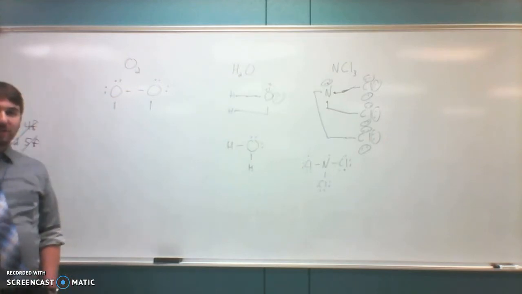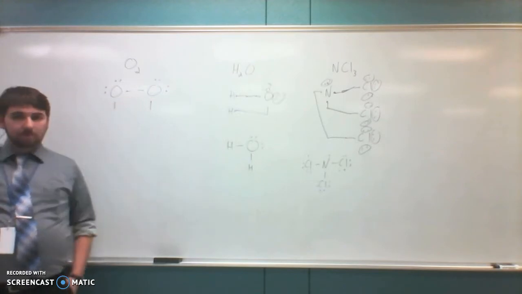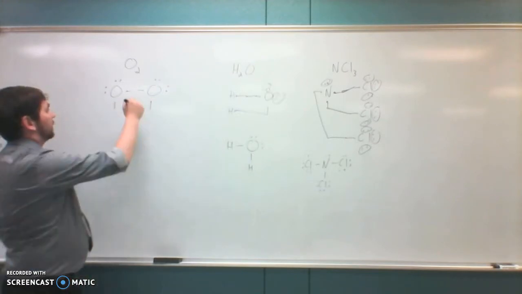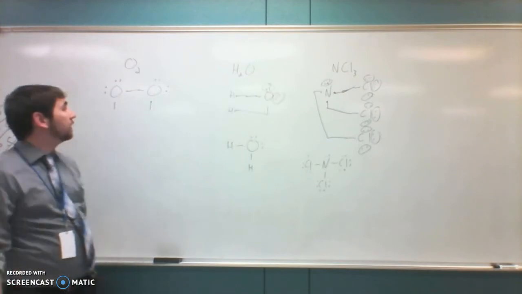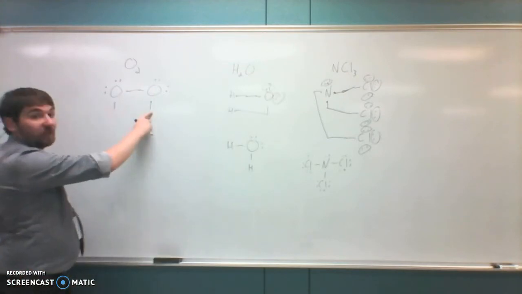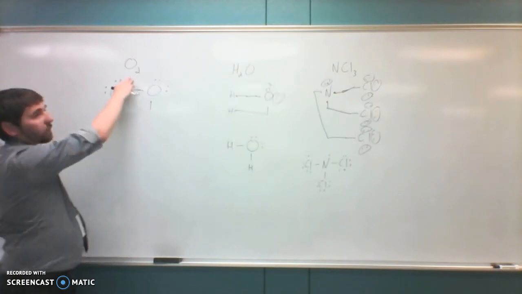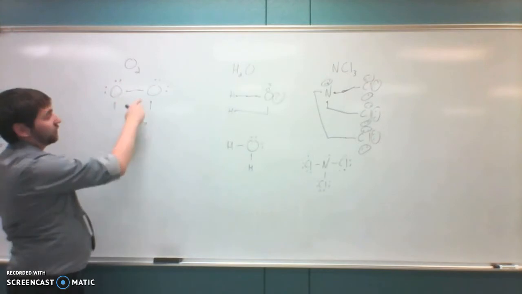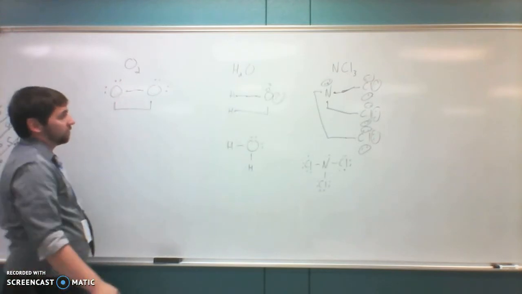My 2 oxygens there, they each want 2 bonds. So to start off, I can connect those 2 lines together. Doing pretty well. These 2 lines here, they don't have to go to anything else. My formula tells me we only have the 2 oxygen atoms. Let's just go ahead and connect those bonds together.